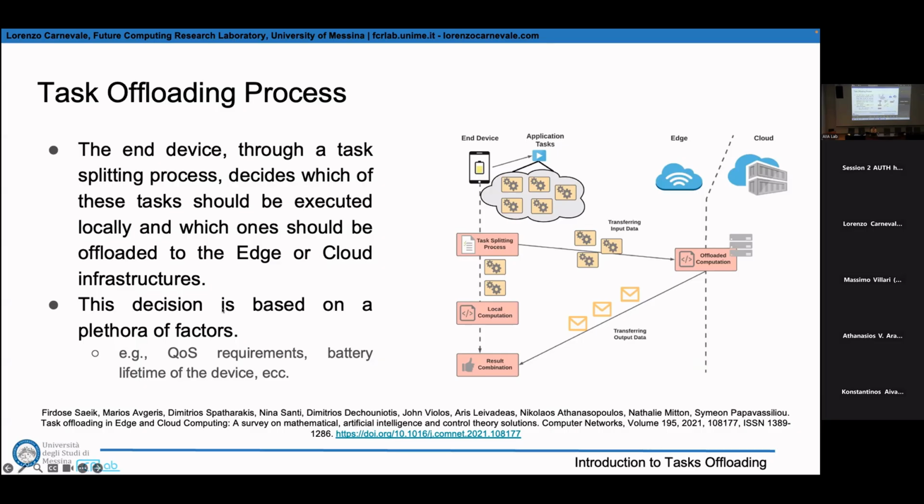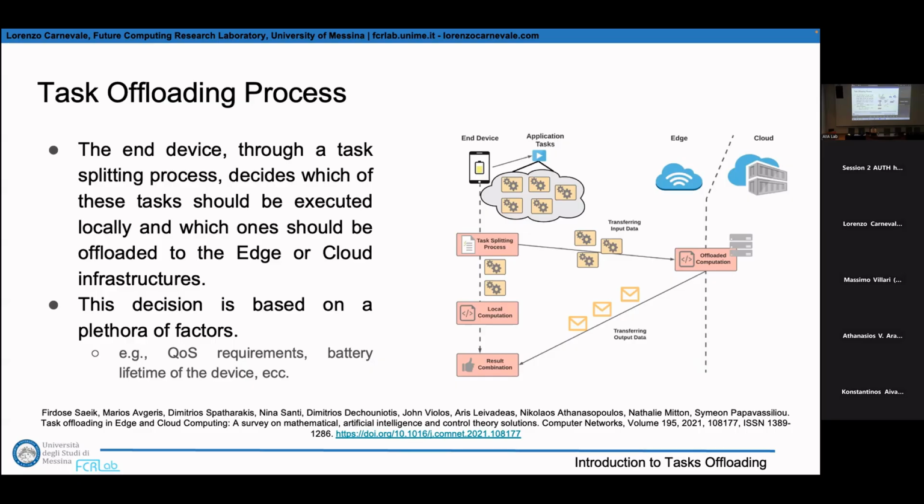The decision can come from really different and variegated factors. Here we have just a limited set of examples, but in the next slides we will have a better discussion about the quality of service requirements, for example, for the application that we are running.